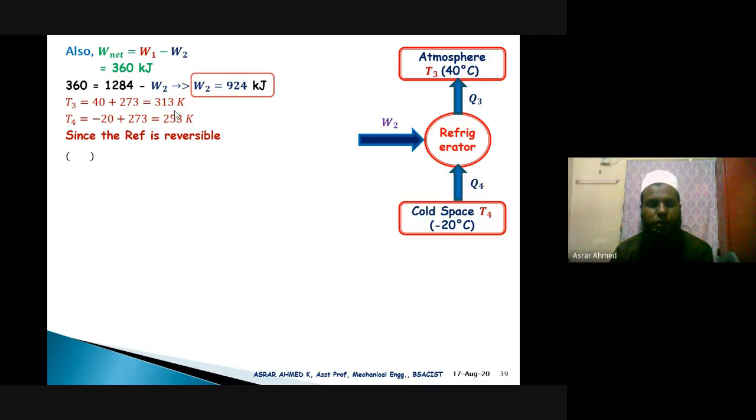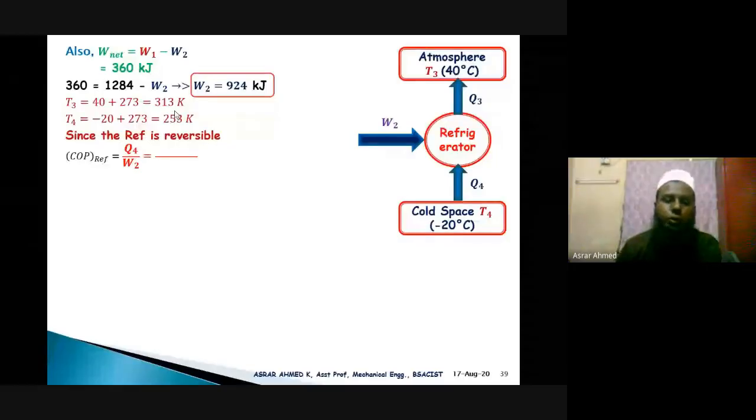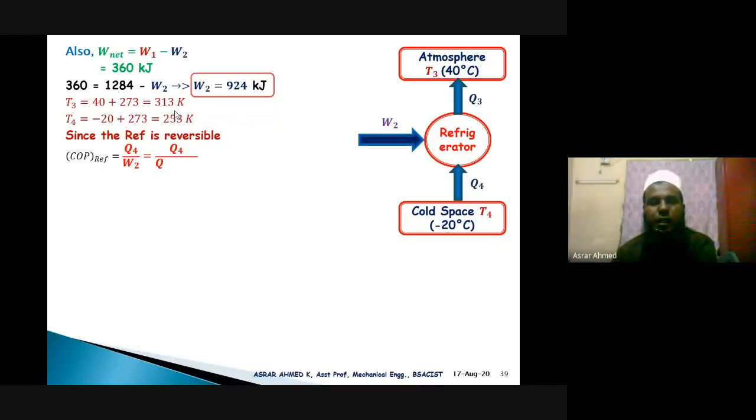So I can write COP of the refrigerator is equal to the desired effect, Q4, divided by the work input, W2, that is equal to Q4 divided by Q3 minus Q4. This is the formula for COP, but since it is reversible, I can write it as T4 divided by T3 minus T4.